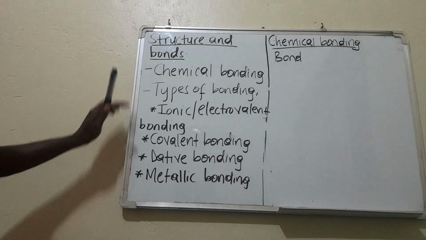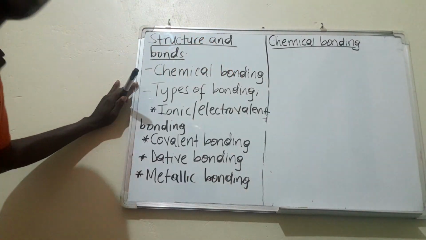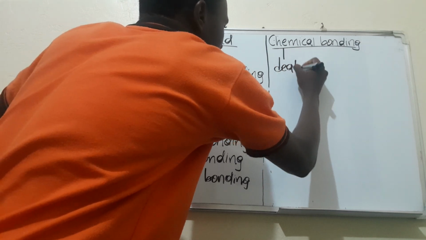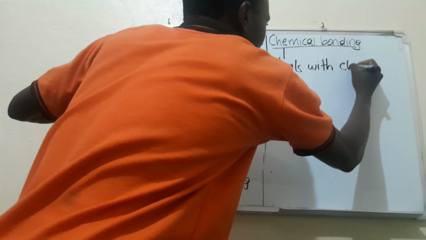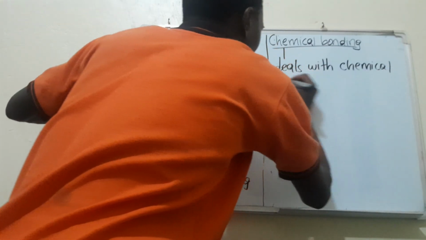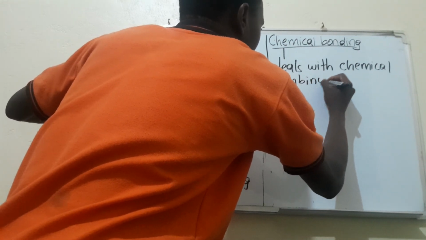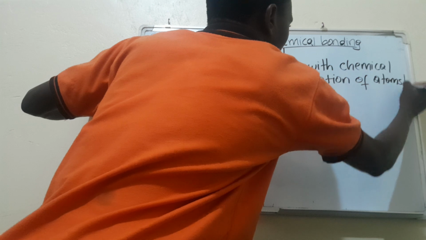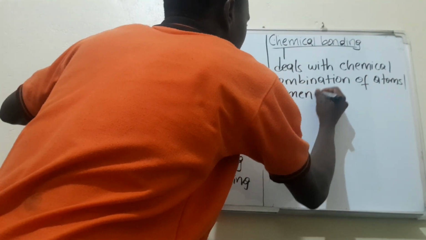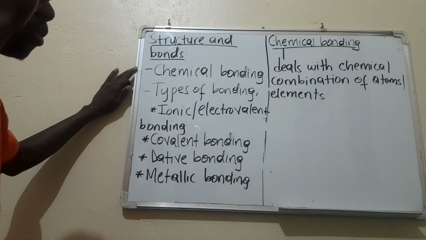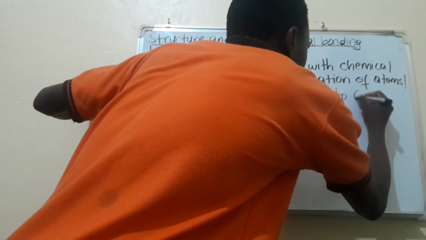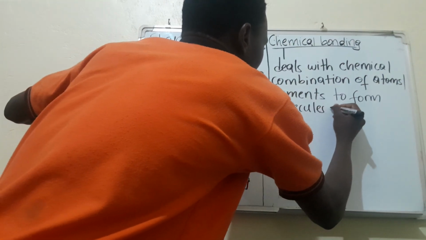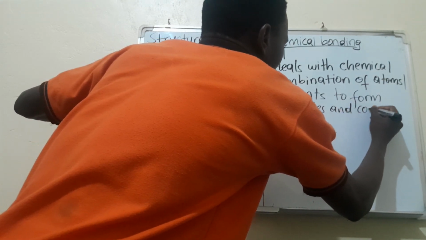So how can we define chemical bonding? Chemical bonding deals with chemical combination of atoms or elements to form molecules and compounds.